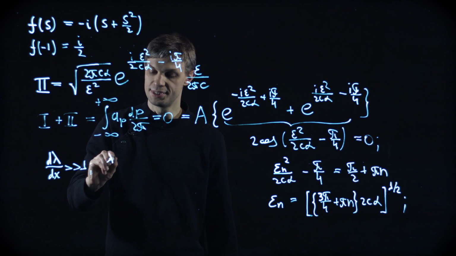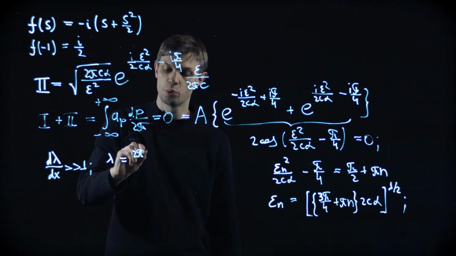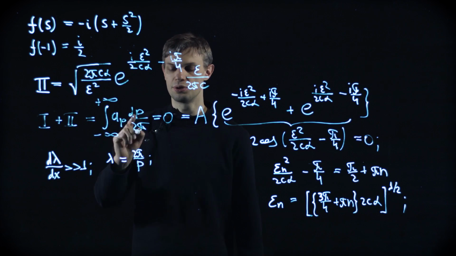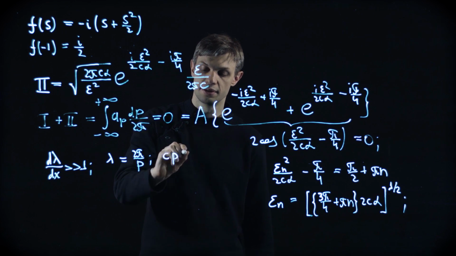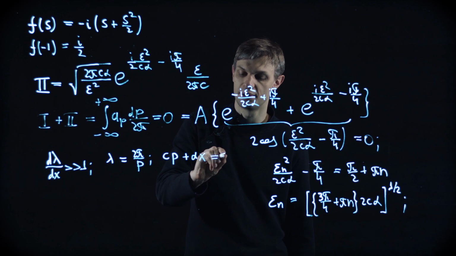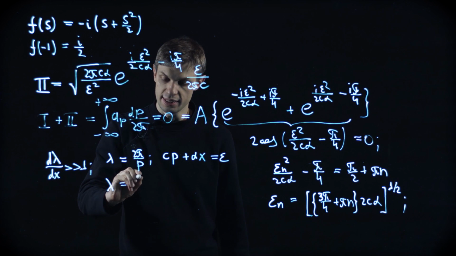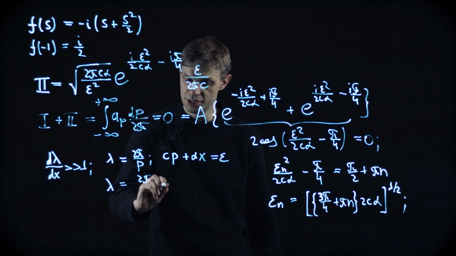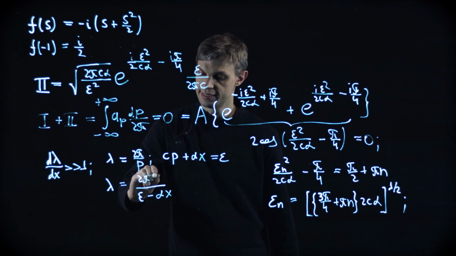So lambda, up to the Planck's constant, is equal to pi over classical momentum. And the momentum, well, let's recall how our Hamiltonian looks like. Hamiltonian is Cp plus alpha x. And classically, that would be our energy of the system. So our wavelength is 2 pi divided by p, which is simply epsilon minus alpha x divided by c.